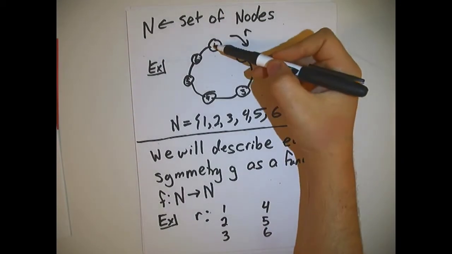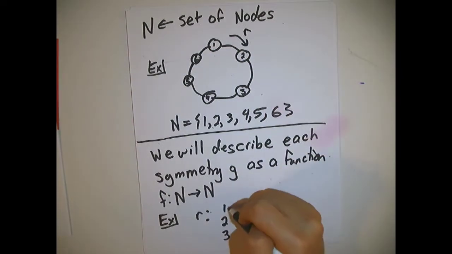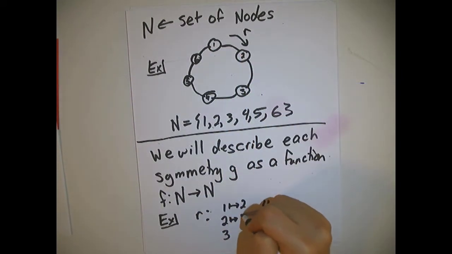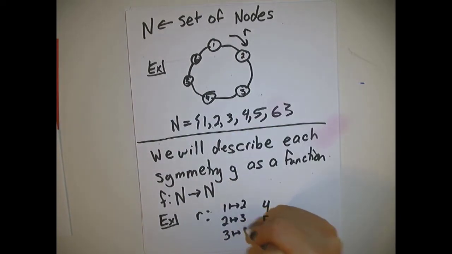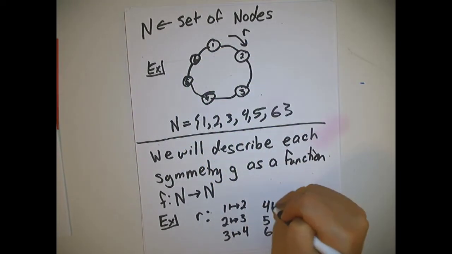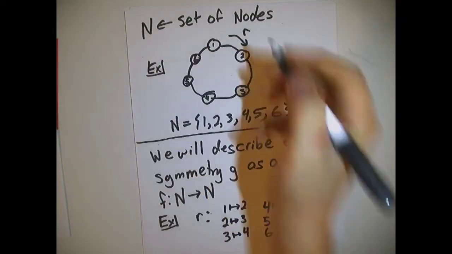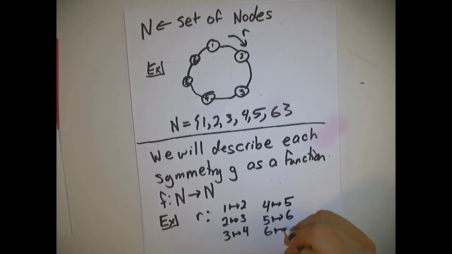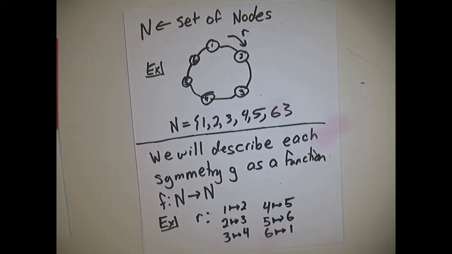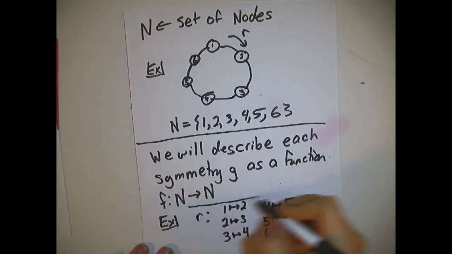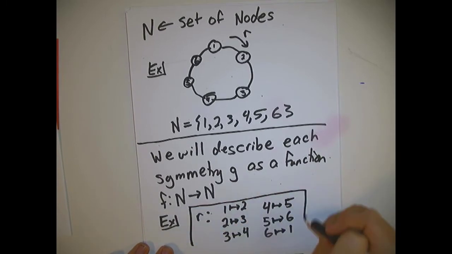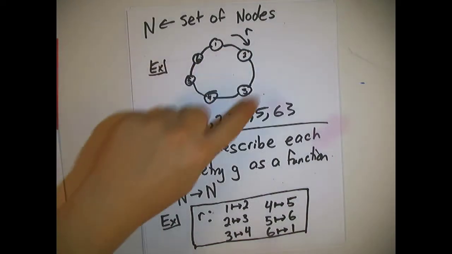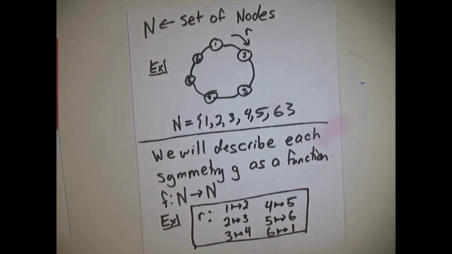The 1 is now going to what was before called 2. The 2 is going to what was before called 3. The 3 is going to 4. The 4 is going to 5. The 5 is going to 6. And then the 6 ends up going back to 1. So this is one of the symmetries of our 6-bead necklace.